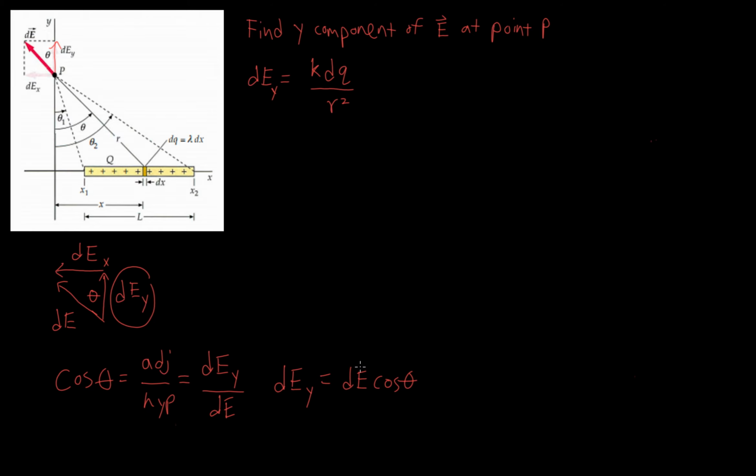And so this right here is just dE, and all we have to do is multiply this by the cosine of theta, because this right here is the electric field in the y direction, this right here is the magnitude of the electric field, and this right here is just the cosine of theta. When we multiply the cosine of theta with the magnitude of the electric field at point P, we get the electric field in the y direction.